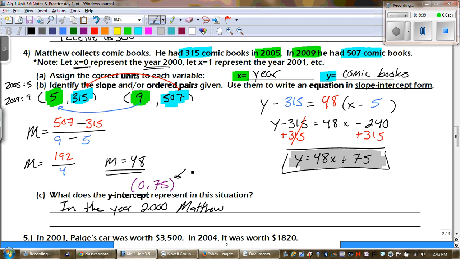Well, 75, those are your comic books. So Matthew had 75 comic books. Okay, you need to reread. You need to try. Okay?